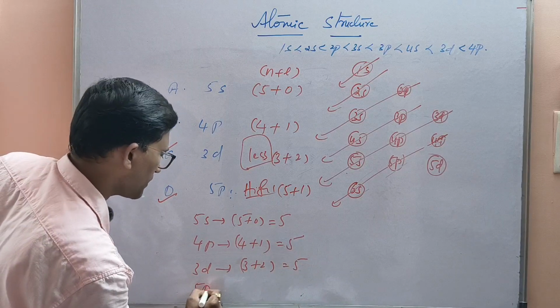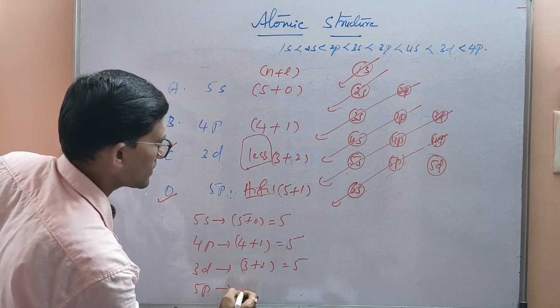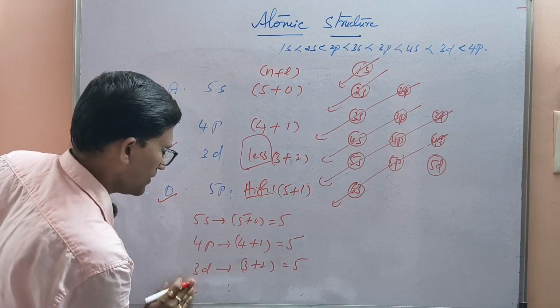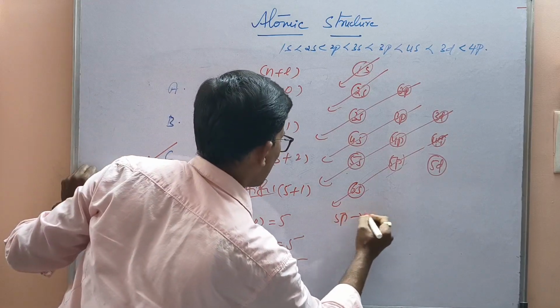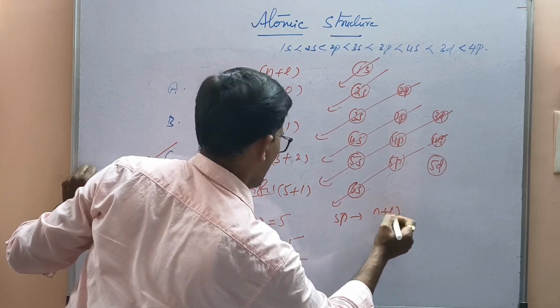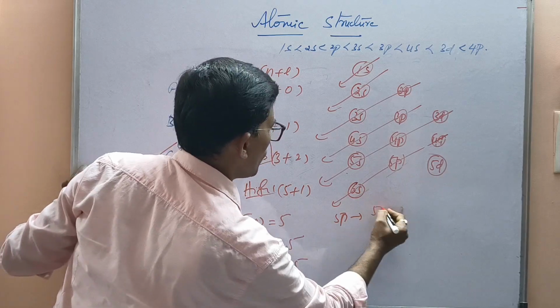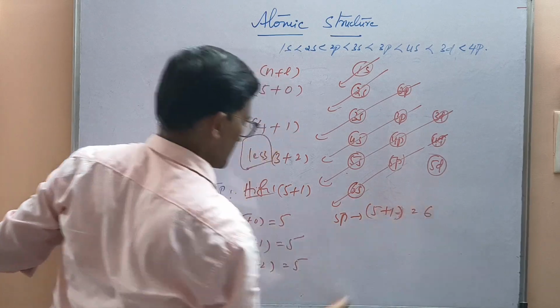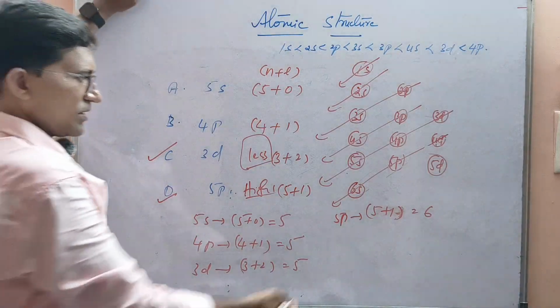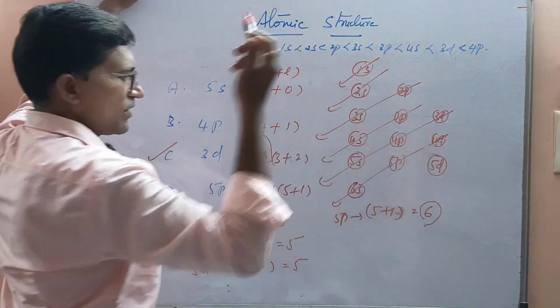For 5p, n plus l is 5 plus 1, how much? 6. So this has the highest n plus l value, hence it has more energy.